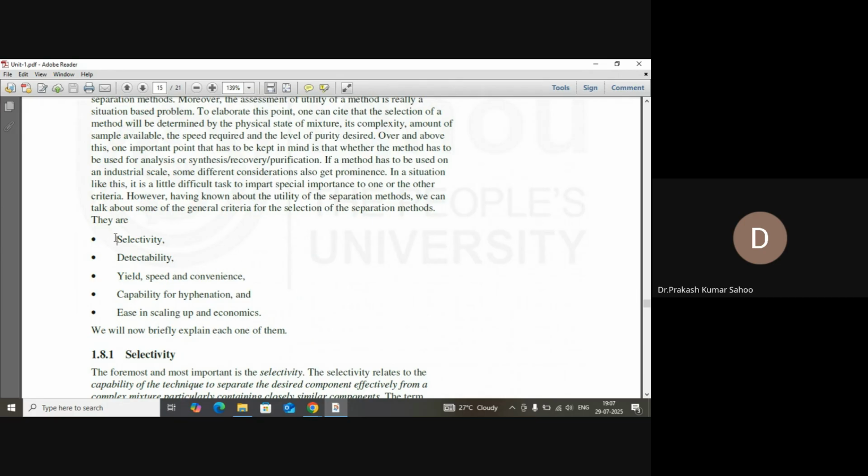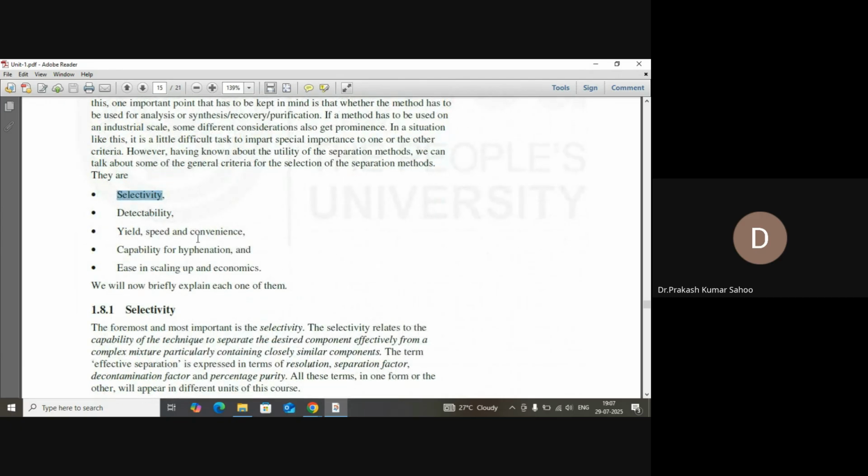So the first one is selectivity, that is, what type of component is there and how to implement different separation techniques from that selectivity point of view. Then detectability, and the third one is yield, that is the quantity of the product we expect, then the speed, that is the kinetics, and the convenience. So how easy or how difficult it is for us to separate the different components of a mixture.